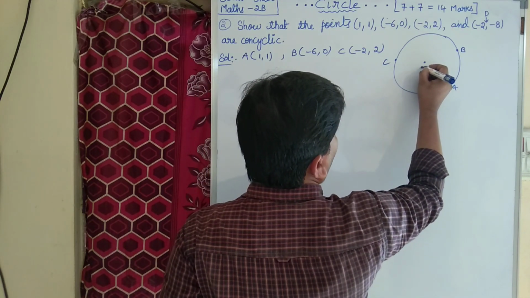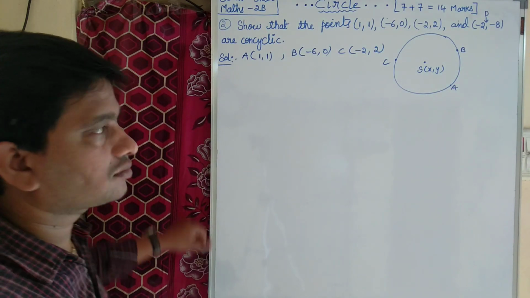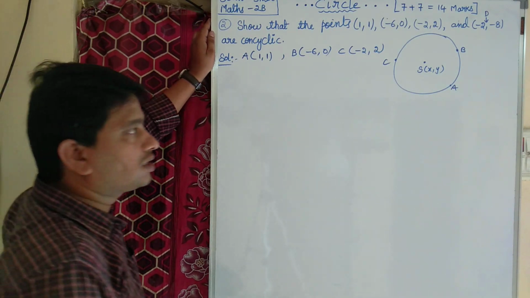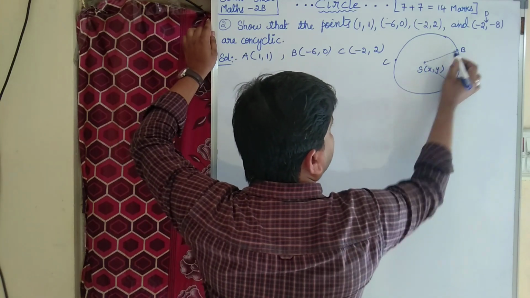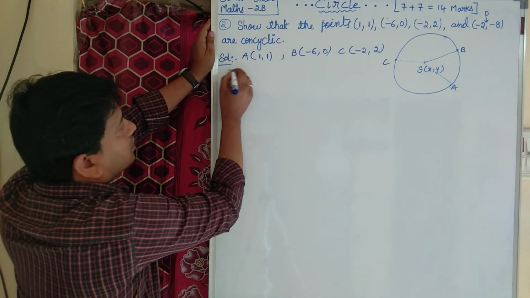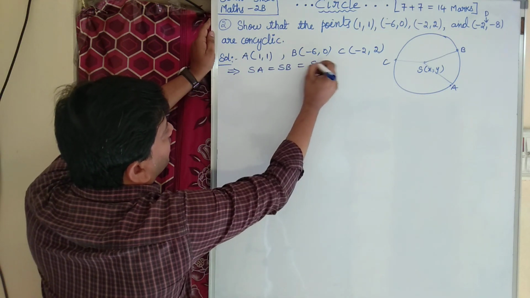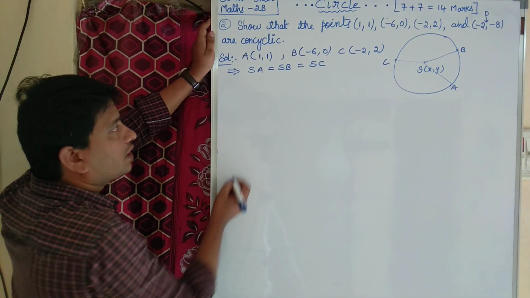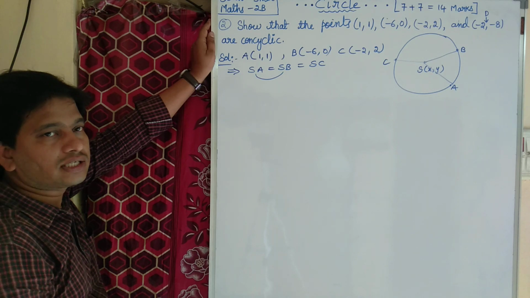Let S be the center of the circle, that is x, y. Okay children. Also we know that the distance between S and A, distance between S and B, and distance between S and C are equal. That is SA equal to SB equal to SC. Let us find the distance between SA and SB.